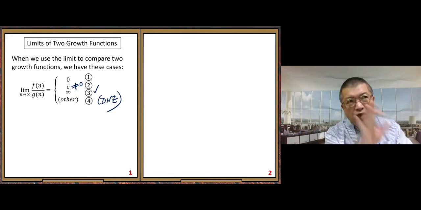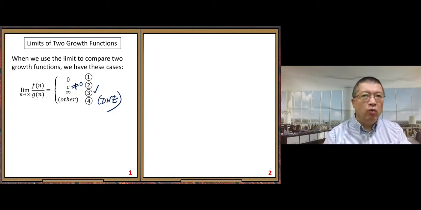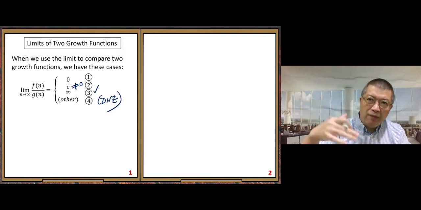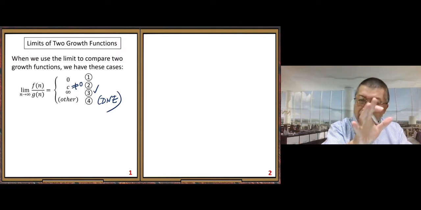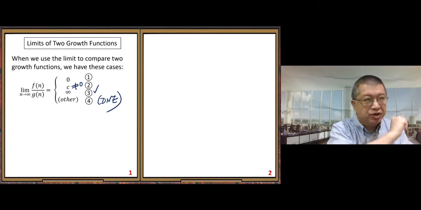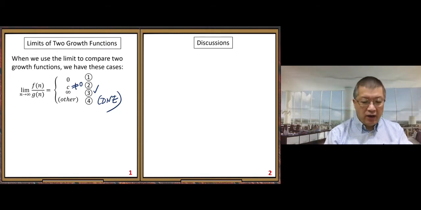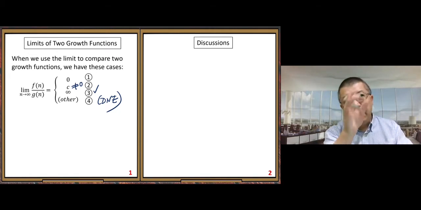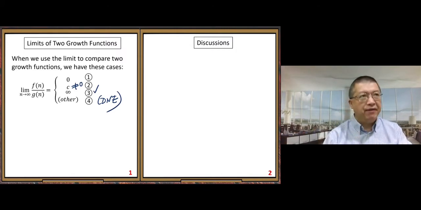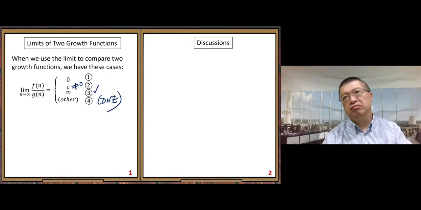For all these 4 different cases, we need to have some special descriptions for the growth functions. So here, let us look at the comparison results for these 4 cases. What are the conclusions?